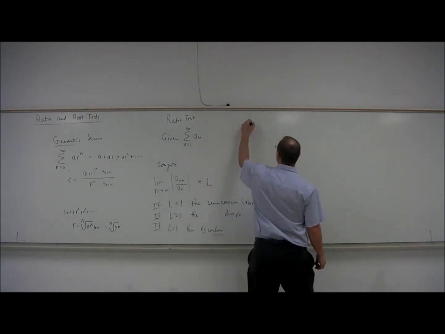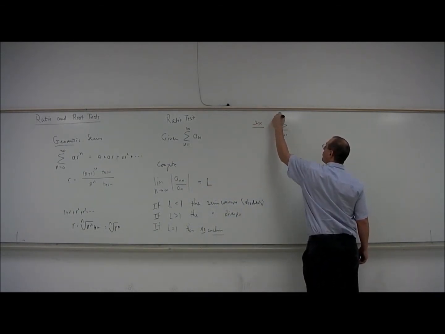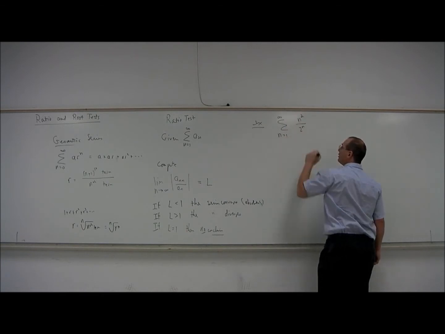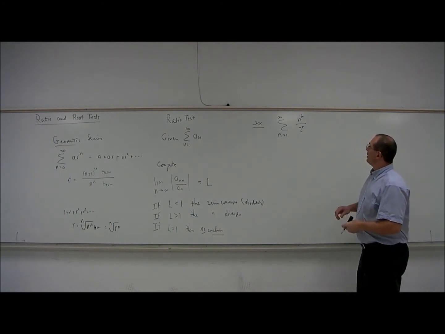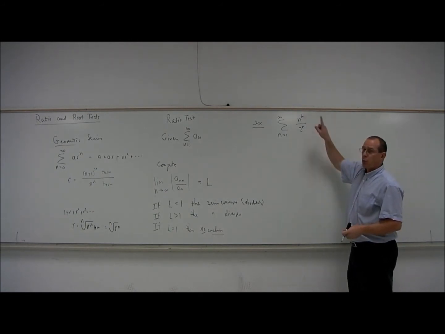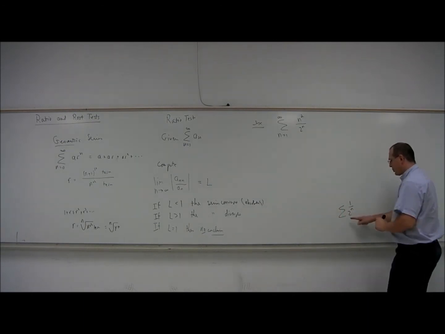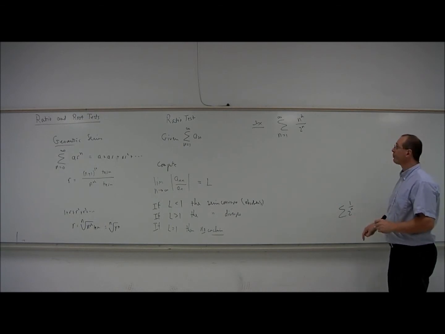So as an example, let's take the summation n equals 1 to infinity of n squared over 2 to the n. If the n squared were just 1, the summation of 1 over 2 to the n would be geometric with common ratio 1/2.